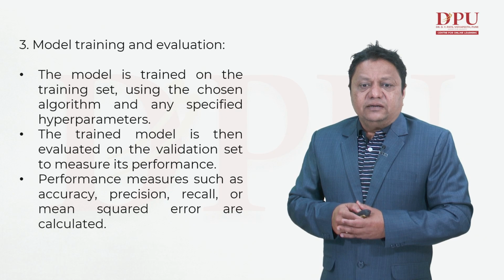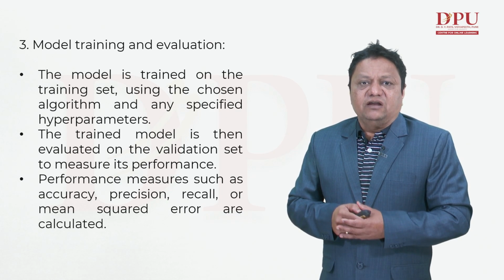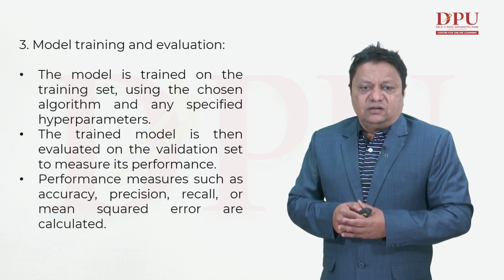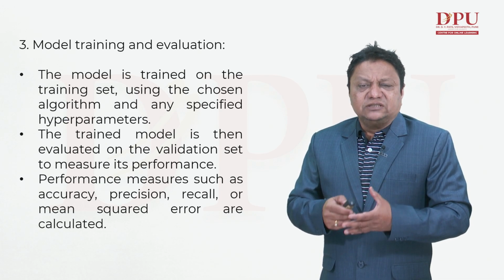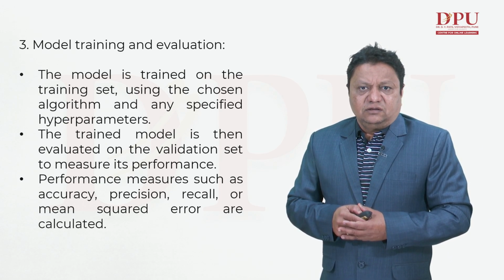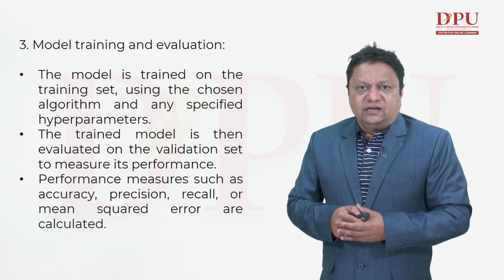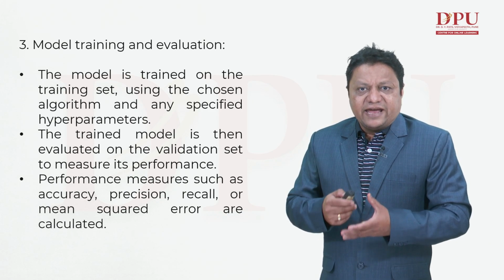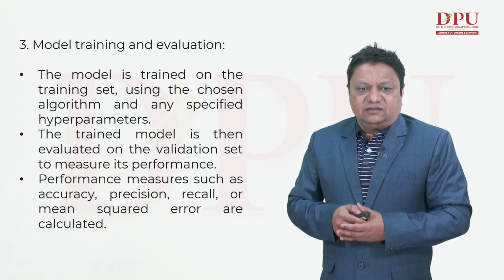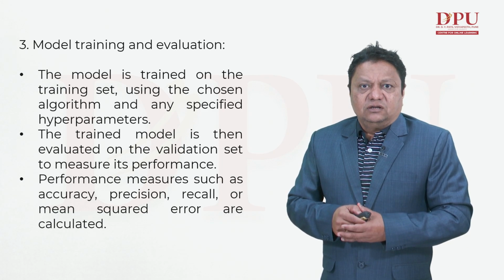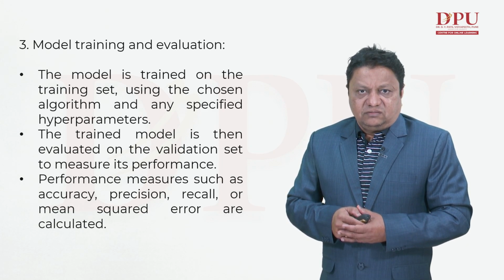The trained model is then evaluated on the validation set to measure its performance. So, once the model has been trained on k minus 1 folds, it is evaluated against the validation set in order to measure the performance of the model.